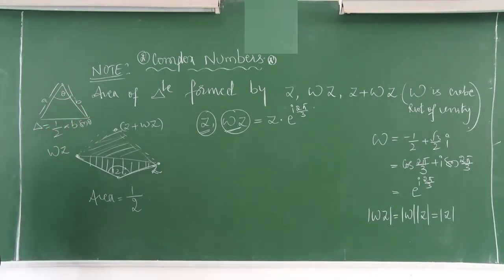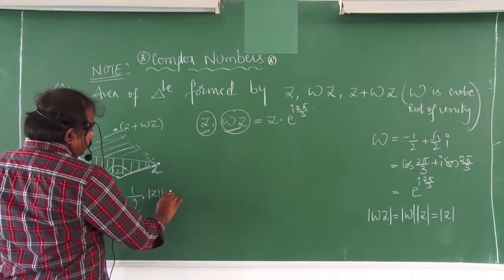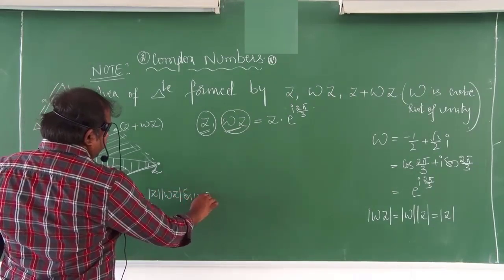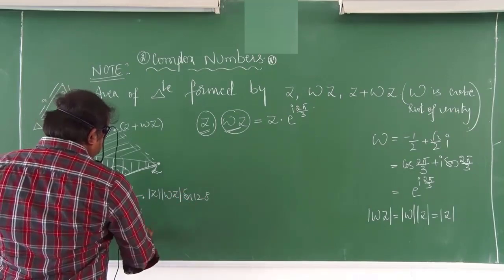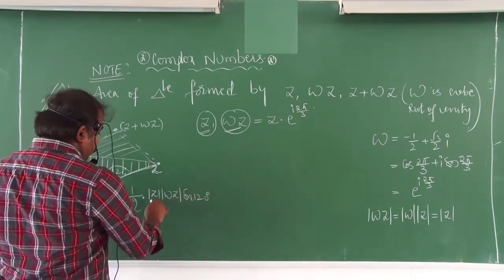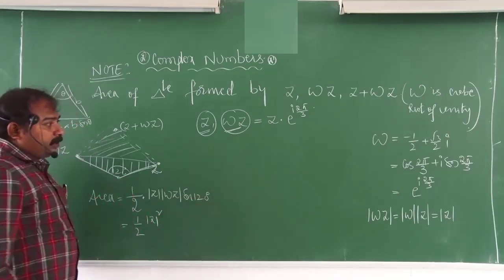Based on that, we find this triangle's area: half into modulus z into modulus omega z into sine 120 degrees. Modulus of omega z is nothing but modulus z, so this is half mod z square into sine of 120.